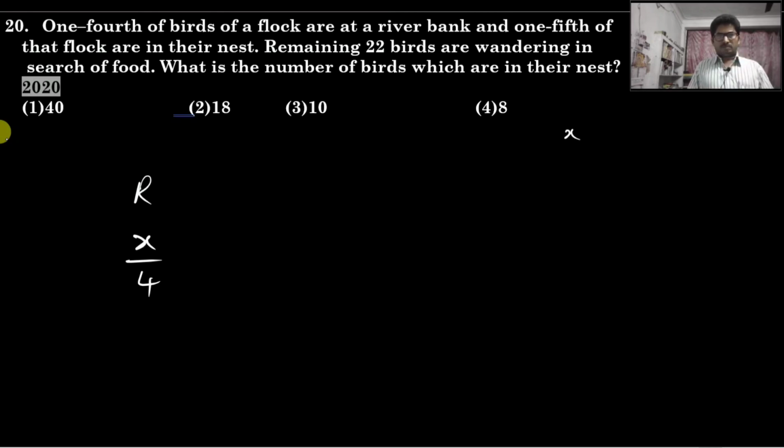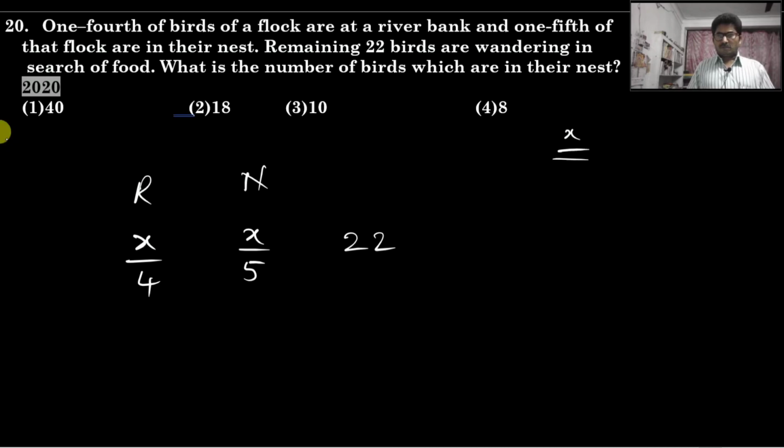And 1/5 of that flock are in their nest: 1/5 x, or x by 5. And the remaining 22 birds are wandering in search of food. 22 remaining.